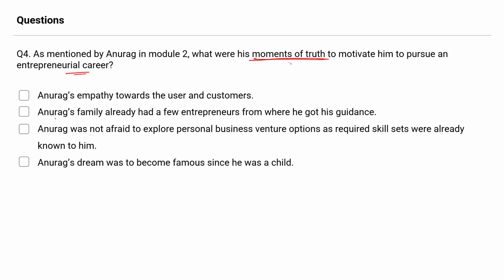The options are: Anurag's empathy towards user and customer. Anurag's family already had a few entrepreneurs from where he got his guidance. Anurag was not afraid to explore personal business venture options as required skill set were already known to him. And Anurag's dream was to become famous since he was a child.